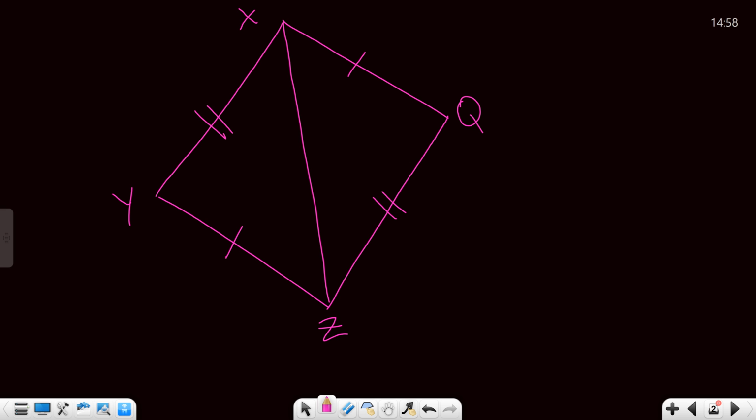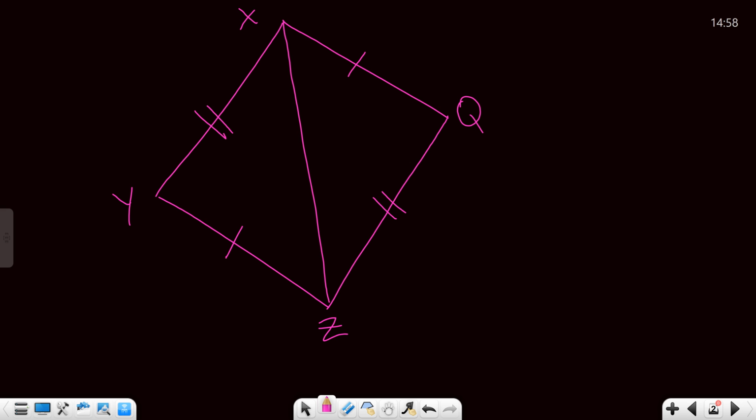Up until we came up with those shortcuts, if I wanted to prove that those triangles are congruent, I have to prove all 6 parts are congruent. All 3 sides, all 3 angles. However, we can use some shortcuts.